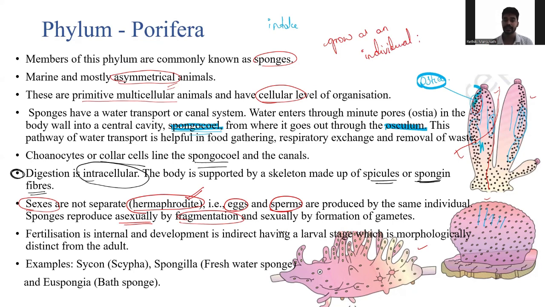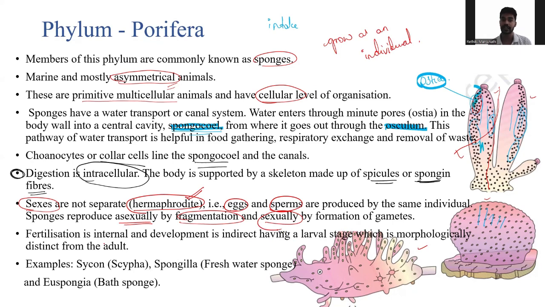And the second point is, when it comes to sexual reproduction, it is by the formation of the gametes, that is both male and female gametes. And fertilization also takes place in the water itself since they are marine.